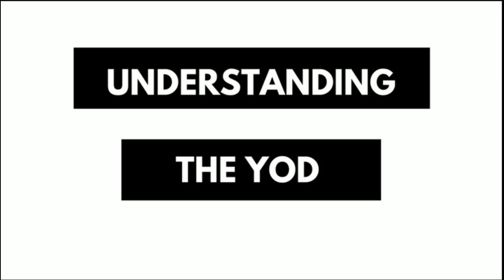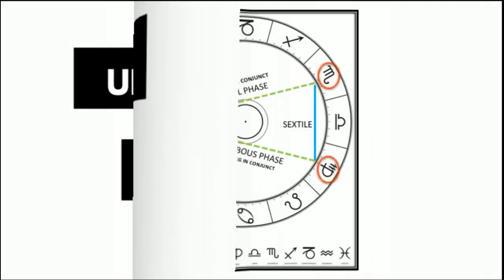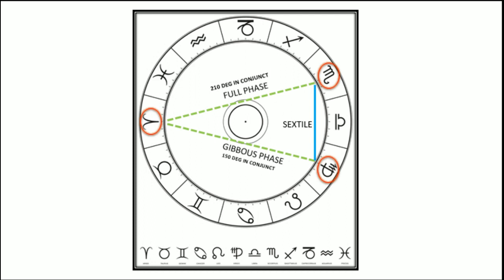We can change the slide. So firstly, let's have a look. When we're looking at the Yod in the chart, we're trying to understand a relationship between three signs. As you can see, there's the first sign, the second sign, and the third sign.